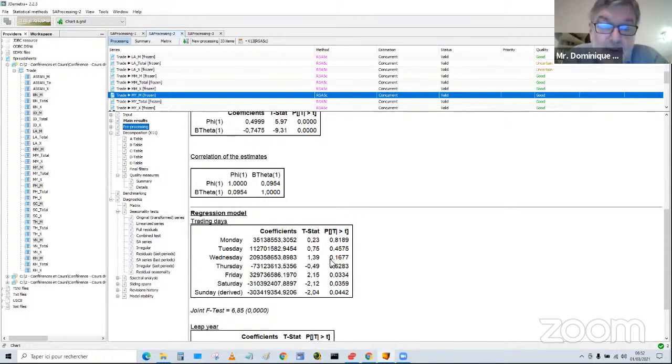So up to now, the series are not easy, but we see it's not so difficult to adjust them. The point we have to solve is the calendar effect. Because we have a calendar effect, we have to build the national calendars, and it will be a tricky point.